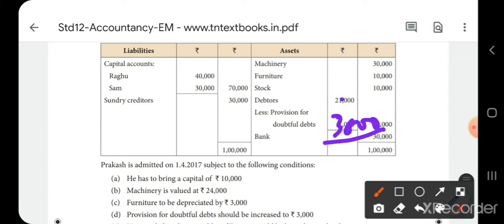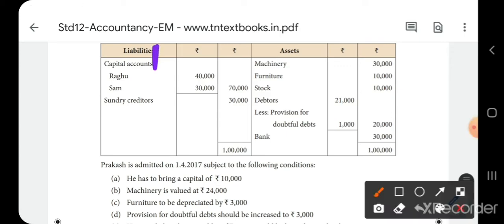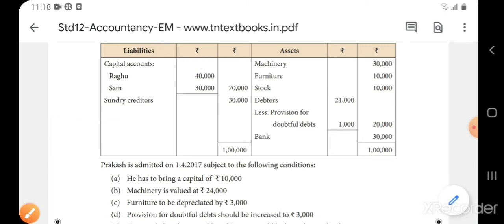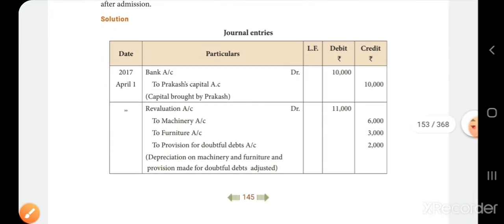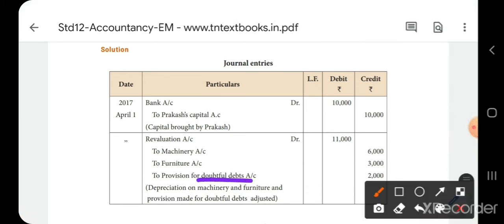Your debtors get reduced. Okay, so when your debtors are reduced, that means the asset is decreased. You will show on the revaluation account on the debit side provision for doubtful debts. Okay, now the entry will be revaluation account debtor to provision for doubtful debts.